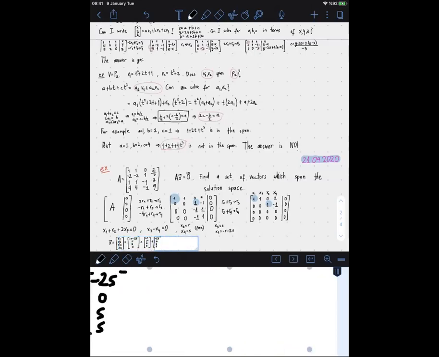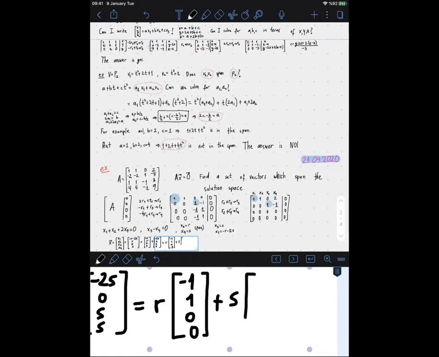Now let's look at the first vector. I can write it as minus 1, 1, 0, and 0, so I took R outside in parentheses. And the other part is minus 2, 0, 1, 1. So what did we find?